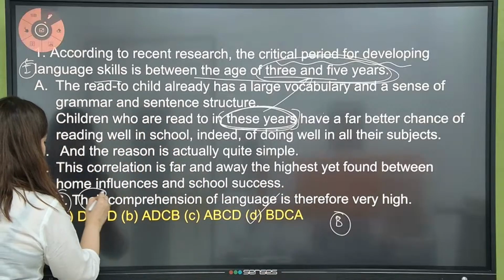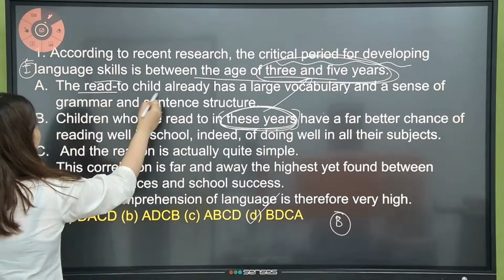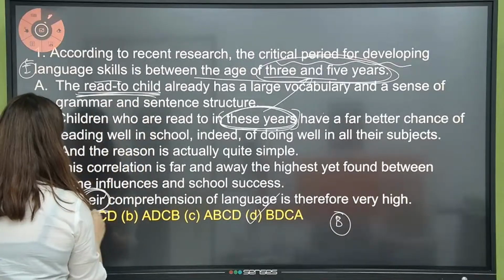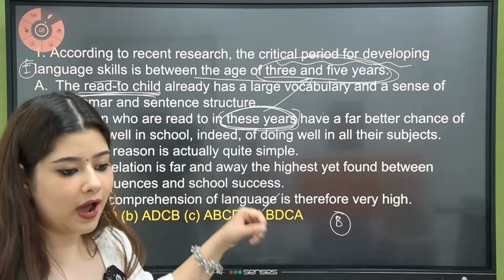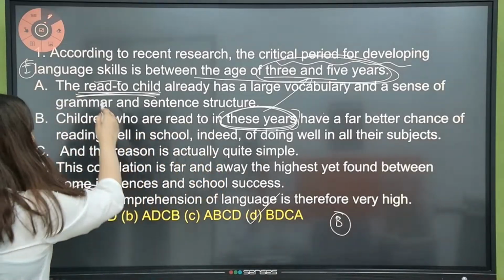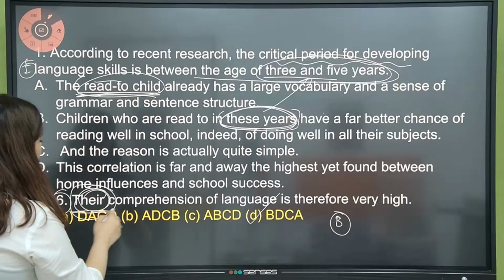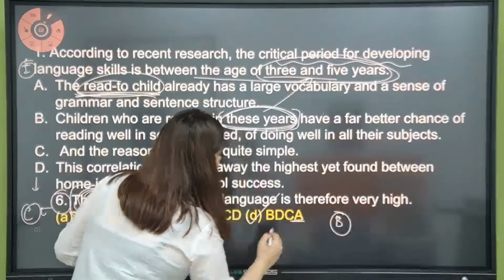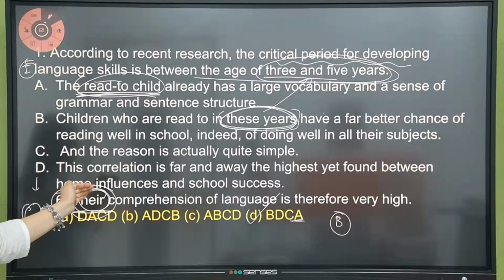Their comprehension. Whose comprehension is being talked about here? Read to child's. What does this there correlate to? This pronoun there, what is it correlating to? The read to child. So again, A should be the last statement before the concluding statement.